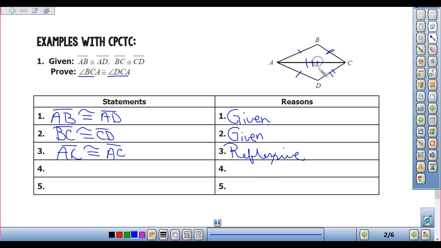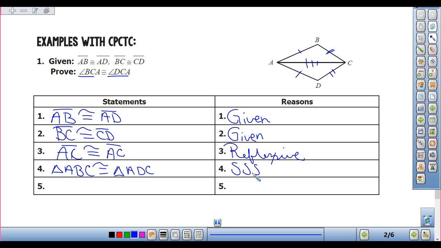Okay, so now, are my triangles congruent? So now my second to last step is going to be that my triangles are congruent. So triangle ABC is congruent to triangle ADC by side, side, side.